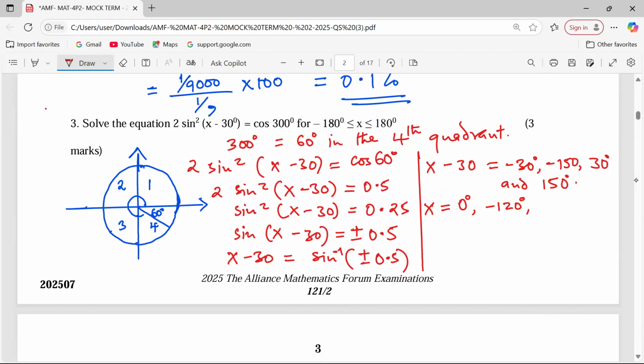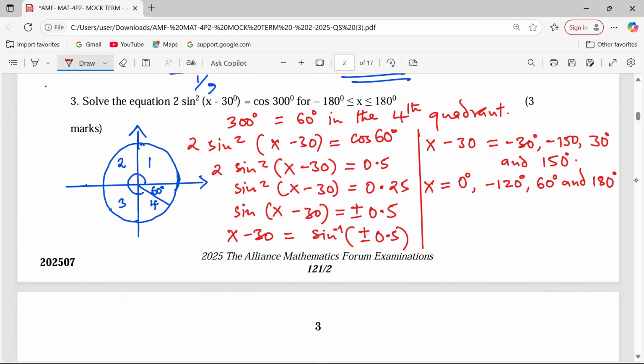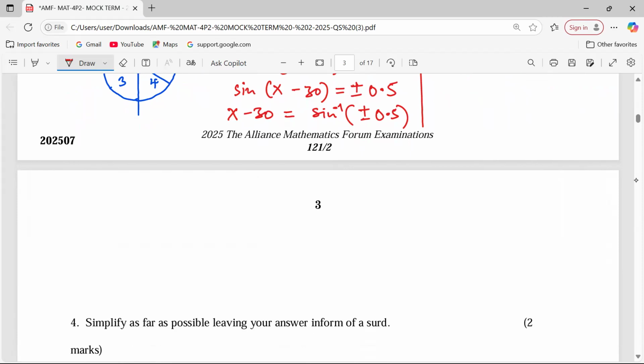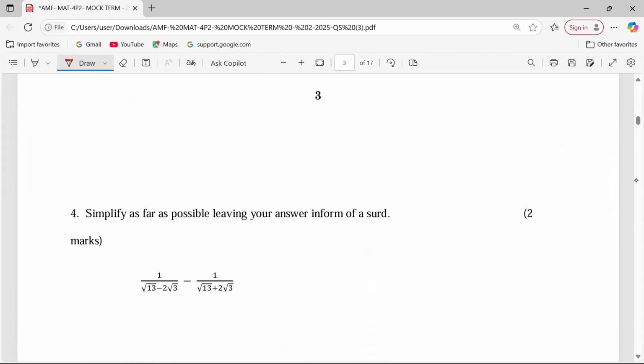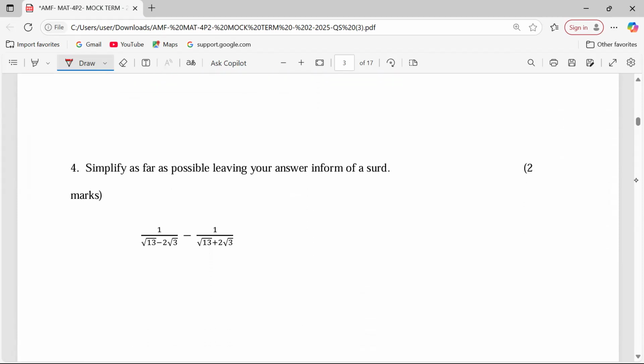Then 30 plus 30, giving us 60. And finally, 150 plus 30 giving us 180. So according to the provided range, we have sampled the possible angles. That is what I expect followers of Shifting Grids to be in a position to do.